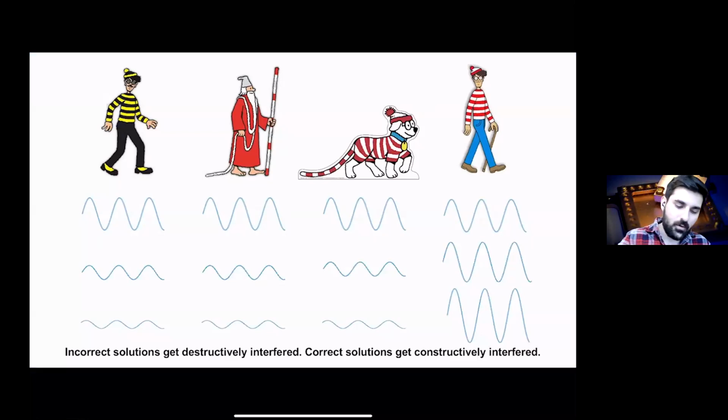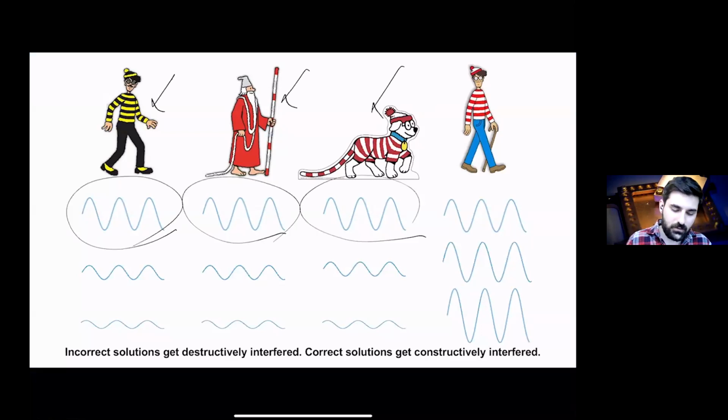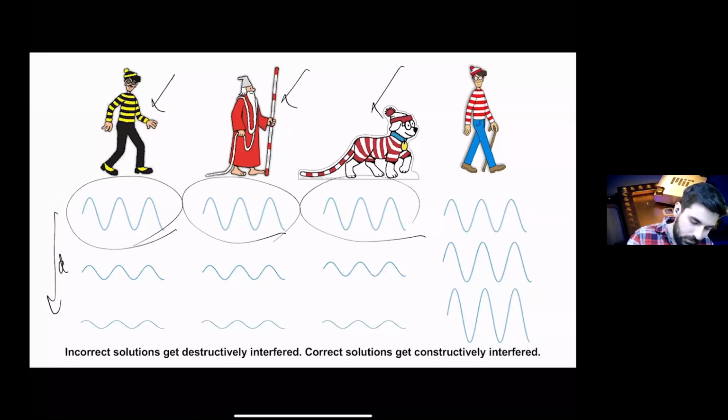So for example, for the characters that are not Waldo, we want to somehow create an interference pattern such that if you start from equal probability amplitudes, their final probability amplitudes decrease.